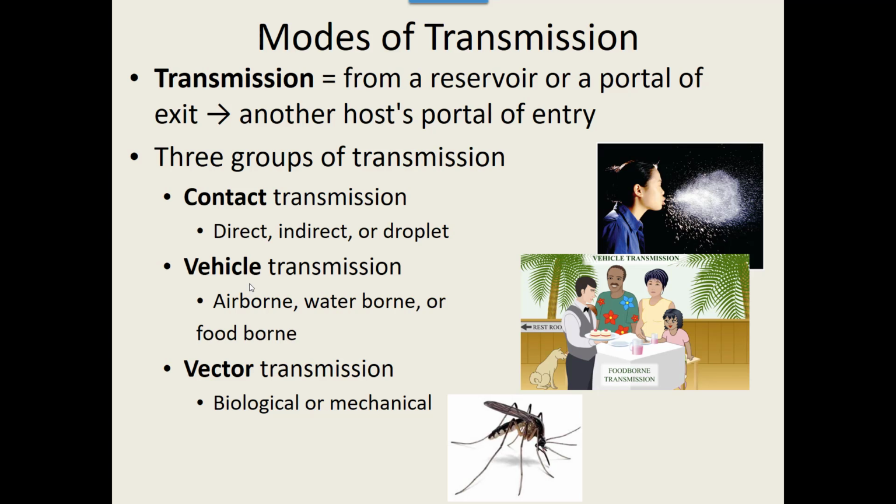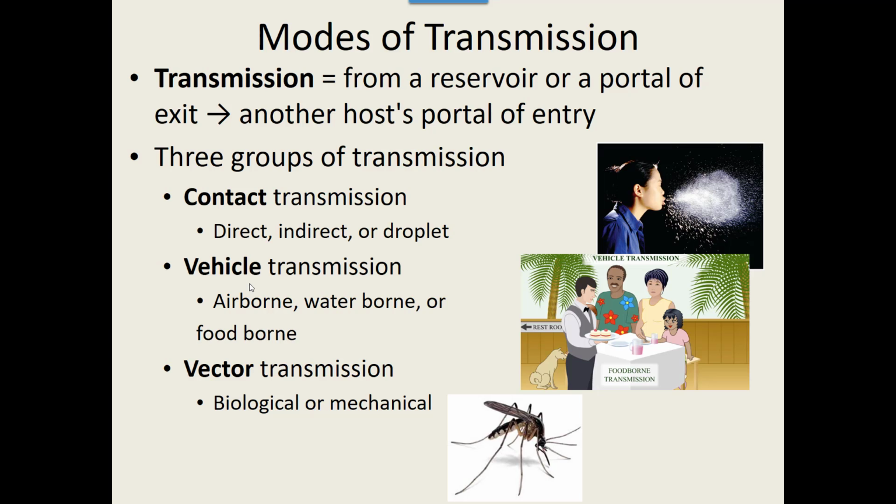And then the last is vector transmission. Vector transmission is using some type of arthropod, an insect, that will transmit it. There are two types of vectors based on how they transmit: one is biological, one is mechanical.